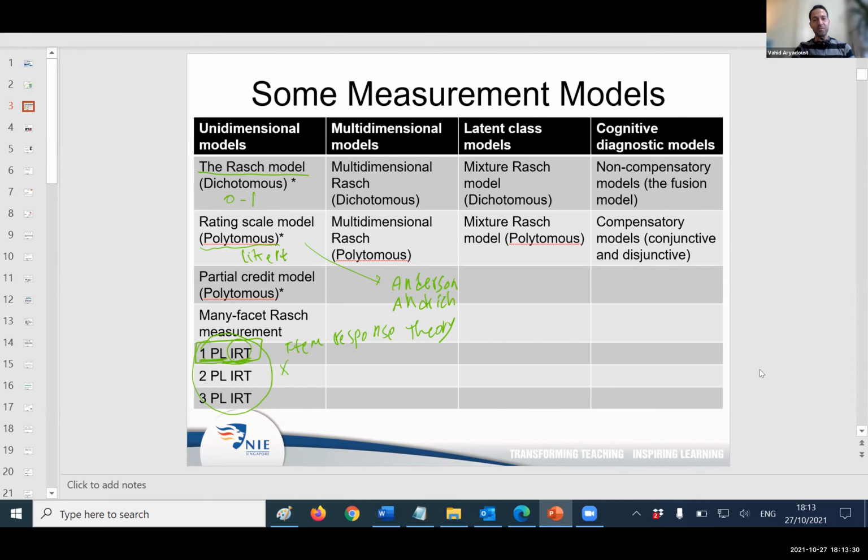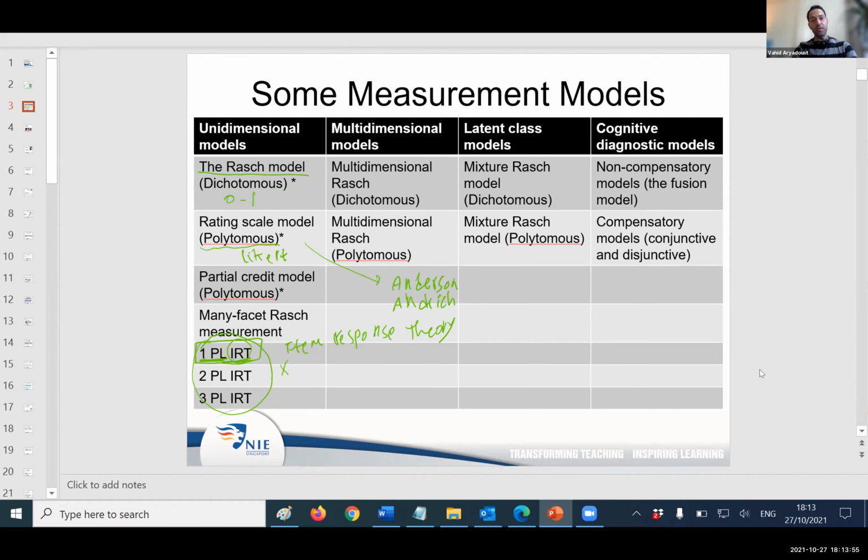There's a very interesting history to this, with Anderson and Andrich. When I'm not recording the presentation, I'll let you know a little bit about the history there. Anyway, they're very big names. They have made significant contributions to the field of measurement.